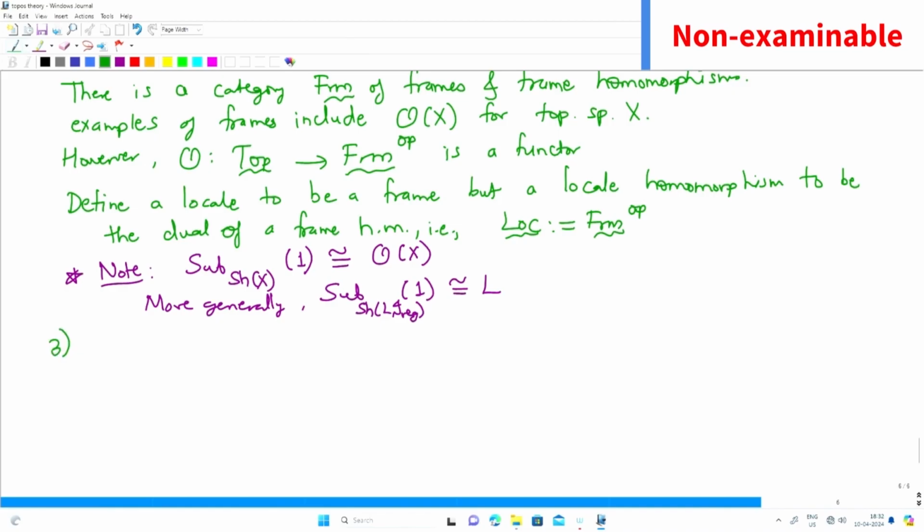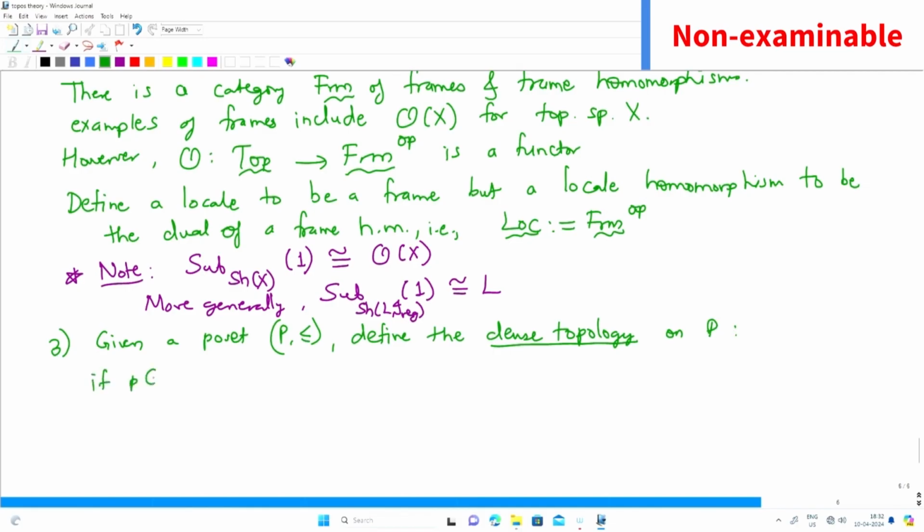Third example. Given a poset P, less than or equal, you can think of a poset as a category. Define the dense topology on P. This is J dense. What is the property?